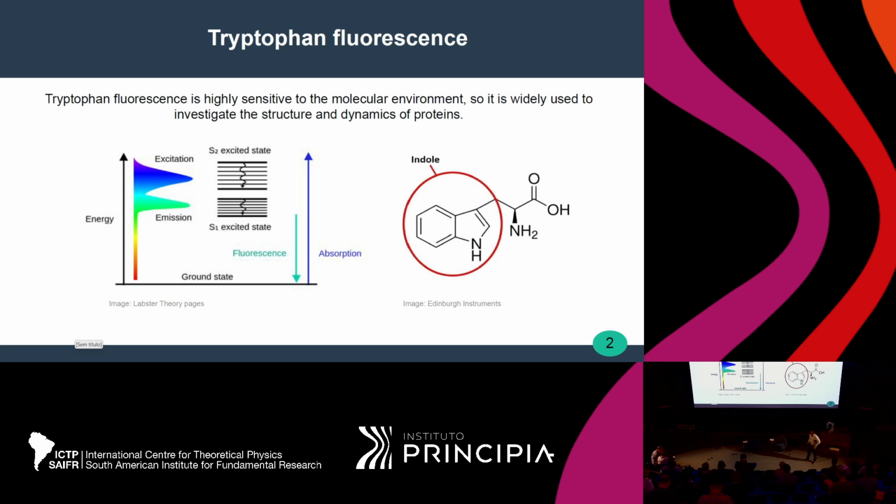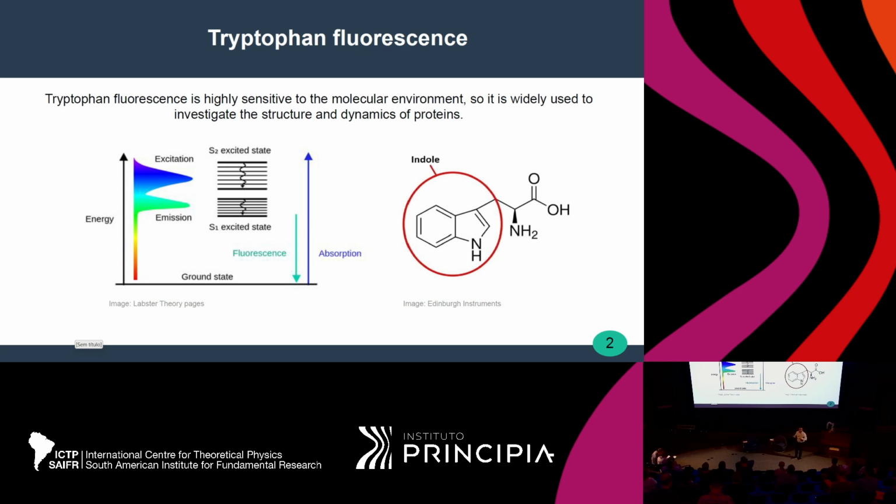Basically, tryptophan is very important for photochemistry and biophysics as well, because the indole group of the tryptophan is very sensitive to the environment. So it can tell us a lot of things about the enzyme, the environment where the protein is inserted.